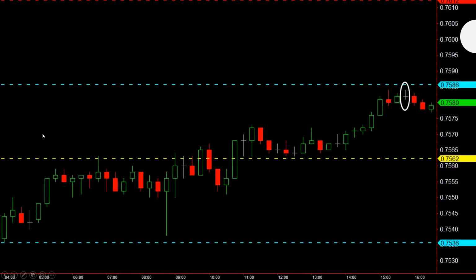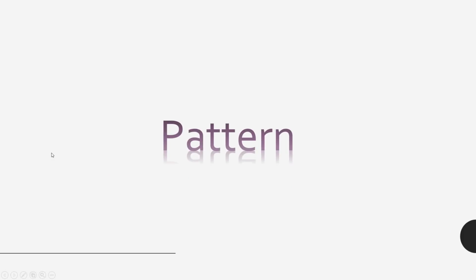The other aspect of using candlesticks is also the pattern that forms with the candlestick pattern. There are certain candlesticks that I will prefer over others, okay? So let's take a look at those.